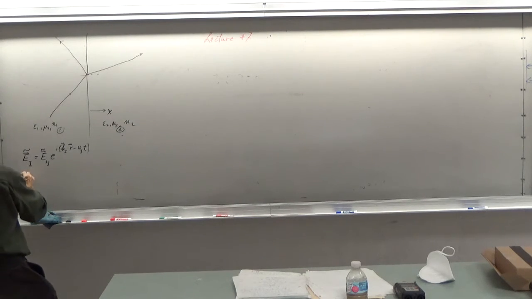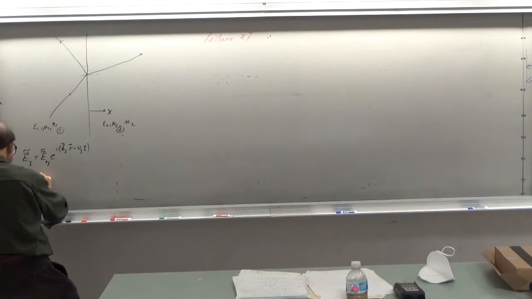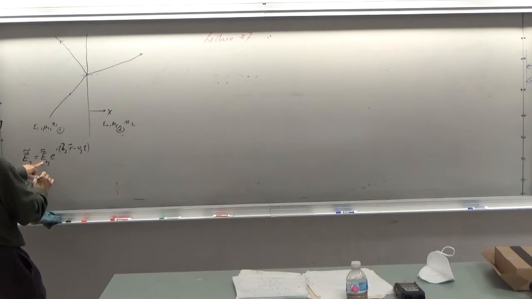And the corresponding magnetic field B for the incoming beam is related to this by 1 over c.